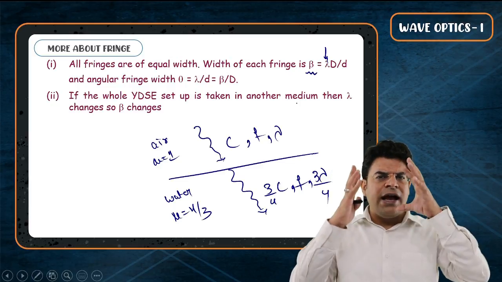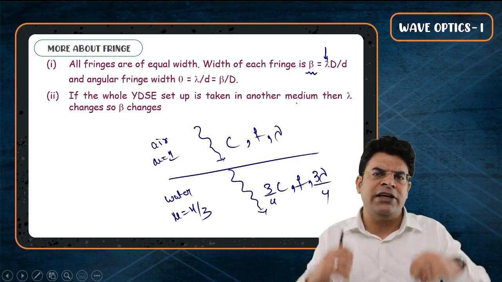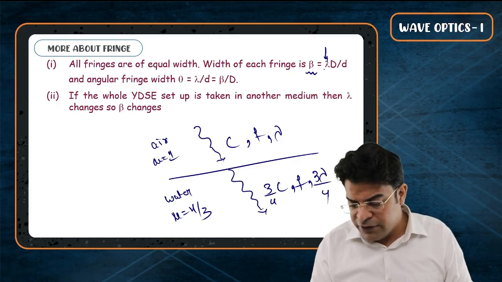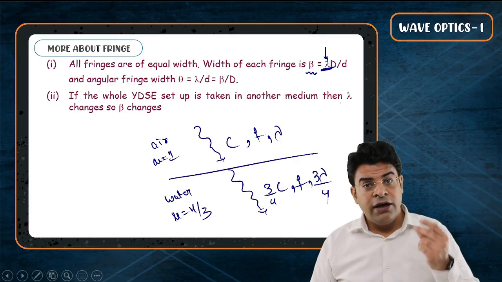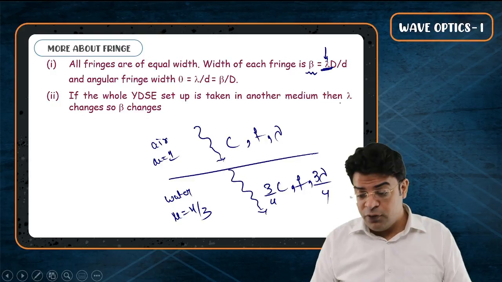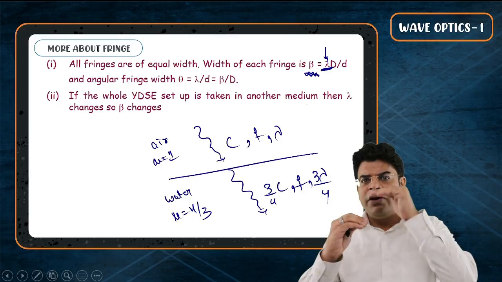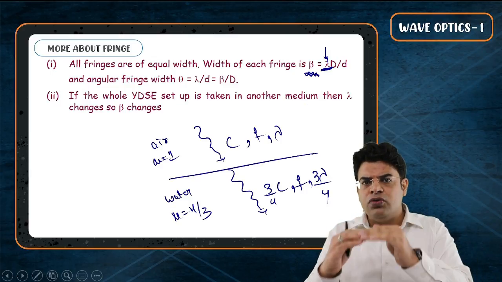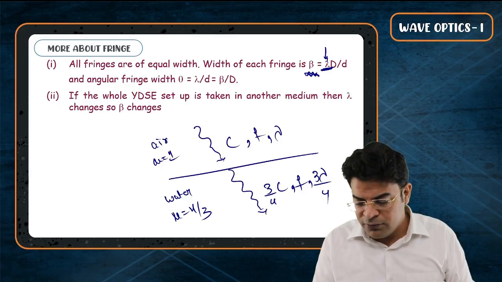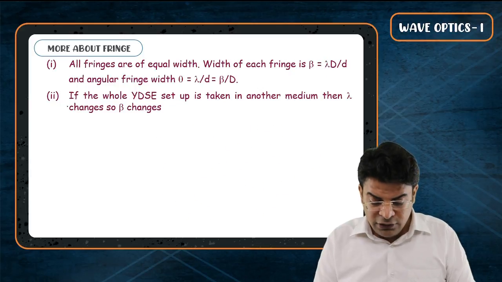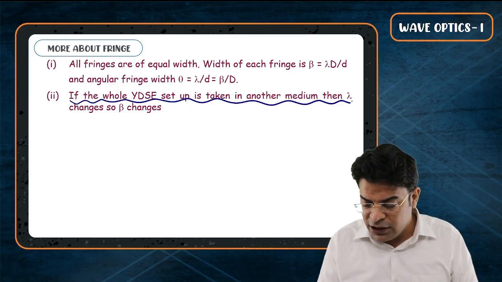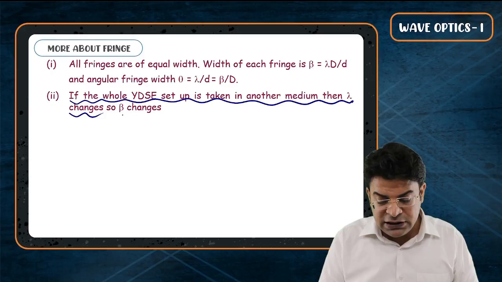If you put the entire YDSE setup inside water, then the wavelength becomes 3/4. If the wavelength becomes 3/4, the fringe width becomes 3/4. It means the gap between two successive brights or two successive darks will become 3/4. So if the whole YDSE setup is taken into a medium, then the wavelength changes and so does beta.